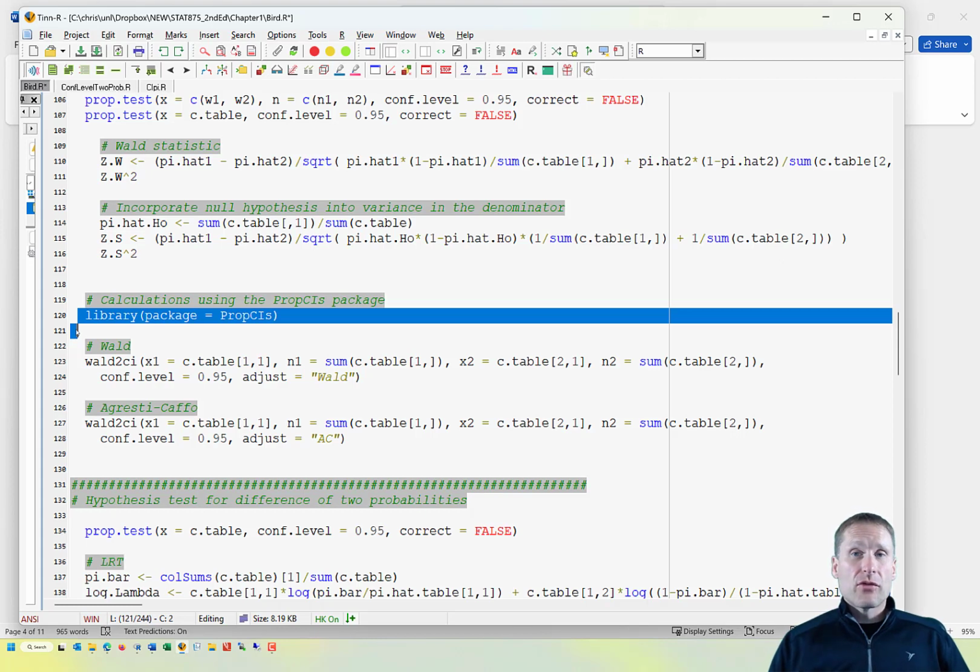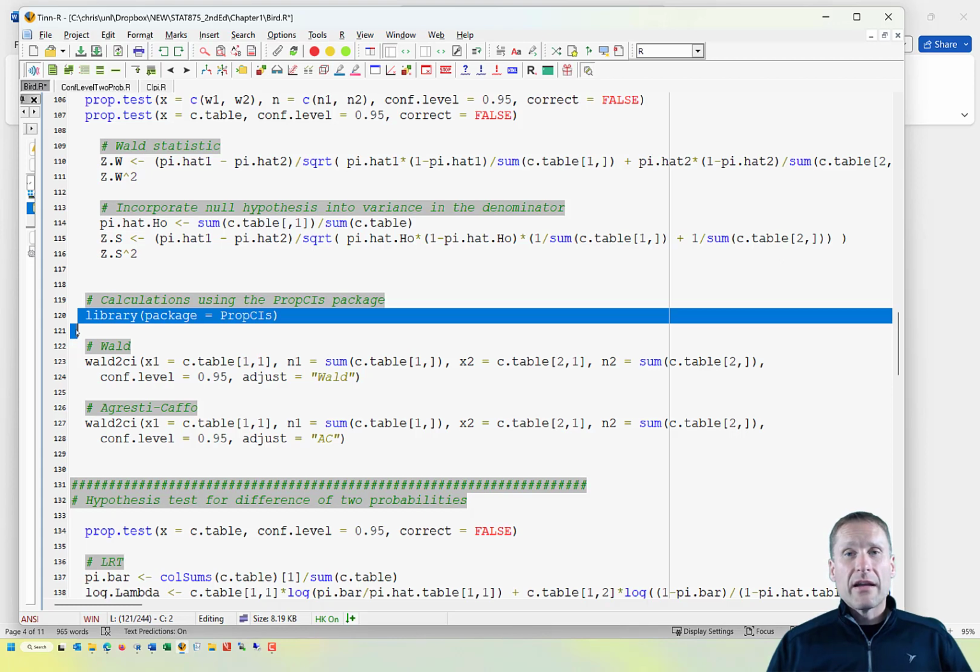And with any user-contributed package, just because it's available on the R website or the Comprehensive R Archive Network, does not necessarily always mean that everything is okay inside that package, meaning that the calculations are done correctly. So for example, when I was putting together my first edition of my book, there were a number of packages that I encountered that did not produce the correct answers. How did I know that? Well, I did these calculations the long way first to make that verification.